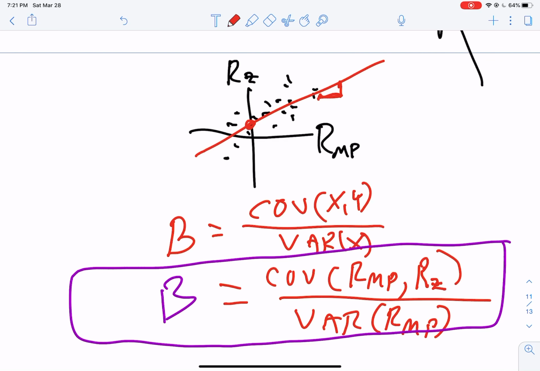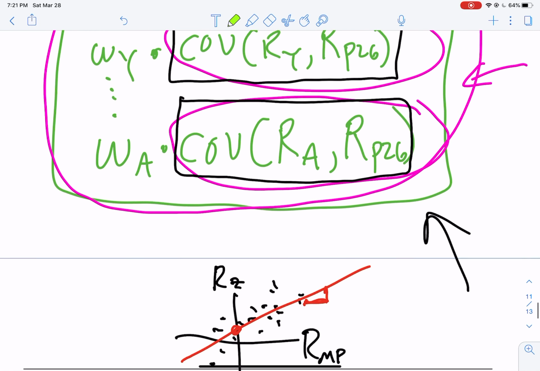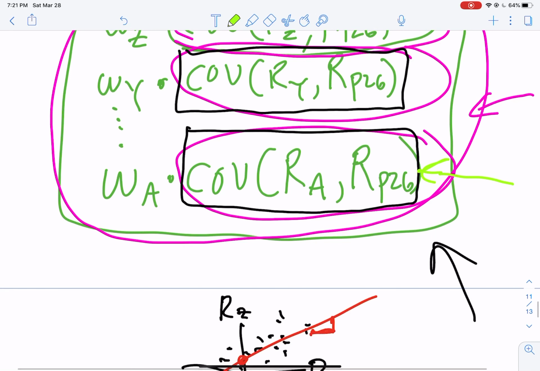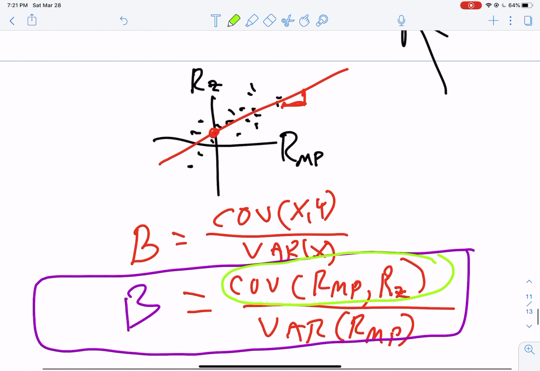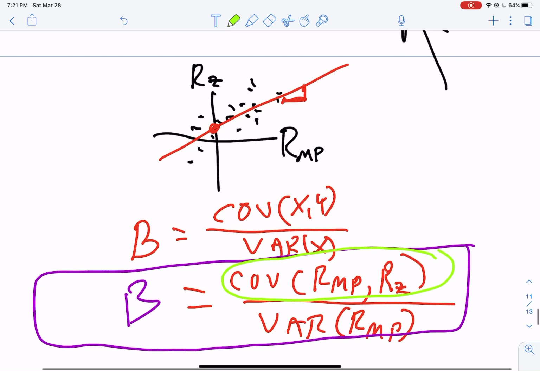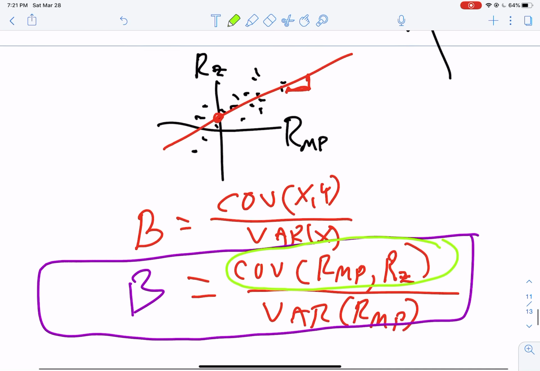Now, again, that numerator there is very, very important. This term right here, because that is exactly what we saw earlier: the covariance of the return on stock with the entire portfolio, and now the entire portfolio is just assumed to be the market portfolio, and we can just pretend it is 26 securities.